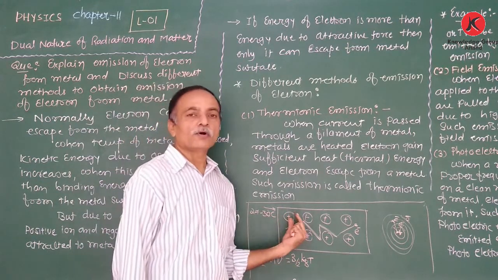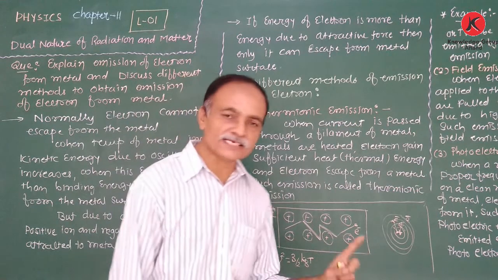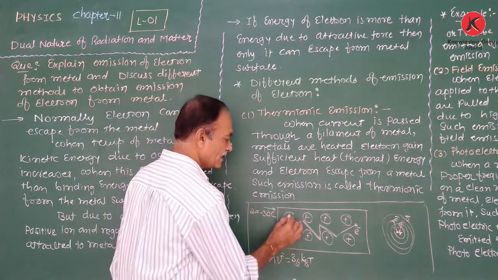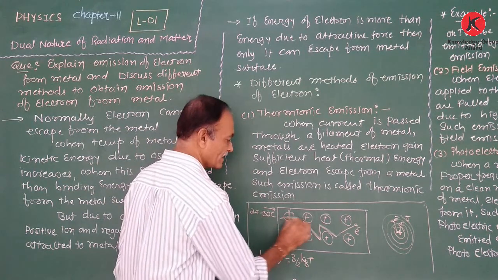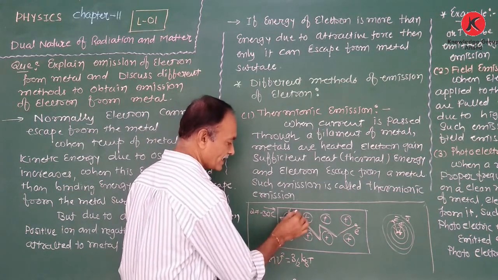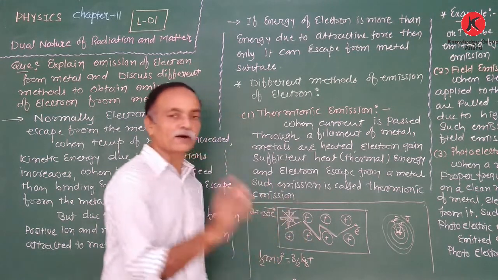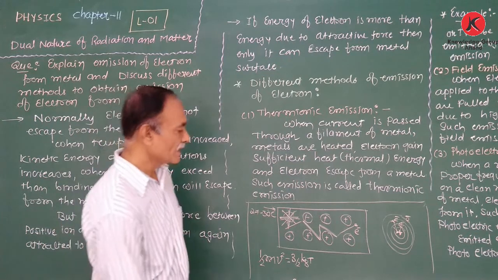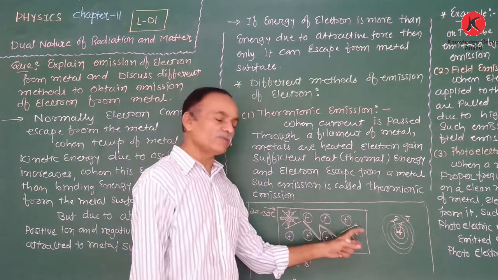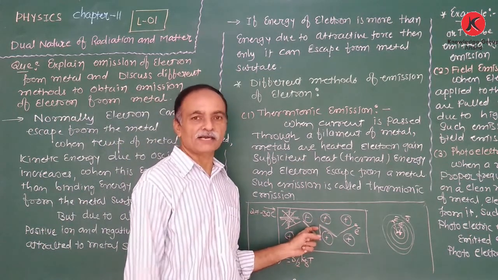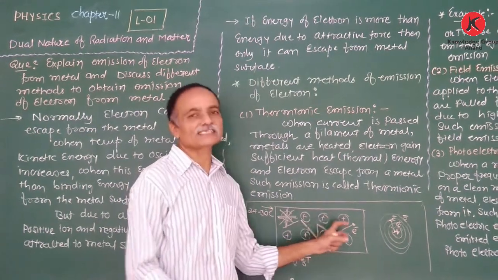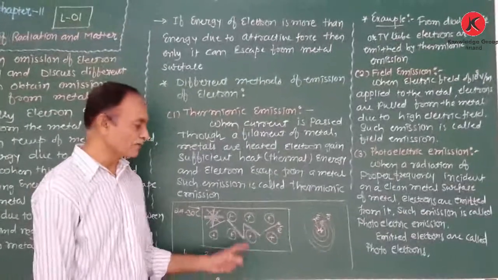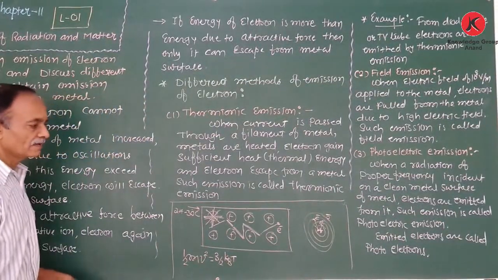Now, positive ions are fixed at their lattice points, but they oscillate about their mean position according to the temperature of the metal, either horizontally or vertically or in any direction. Clear? Okay. Electrons are free to move in this conductor, but they do not escape from the surface of the metal.